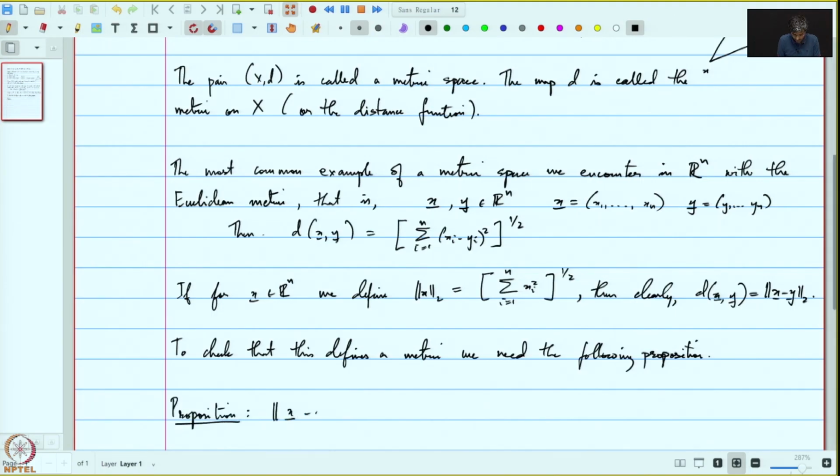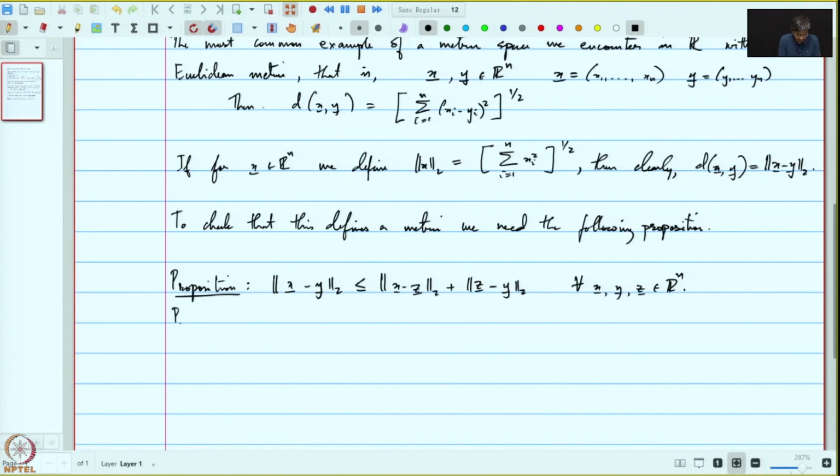The norm of x minus y is less than or equal to the norm of x minus z plus the norm of z minus y, for all x, y, z in R^n. Let us prove this.